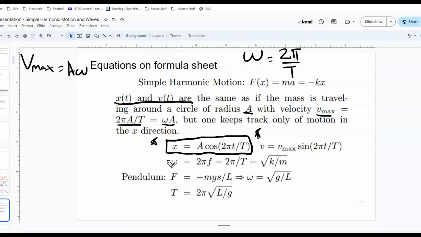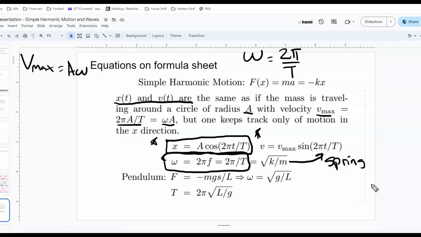Okay, I also want to point out that what I'm drawing a box around right now is always true for any type of simple harmonic motion. This part of the equation is only for a mass on a spring oscillation. It's always true that the angular frequency is equal to 2 pi times f, or 2 pi divided by the period.